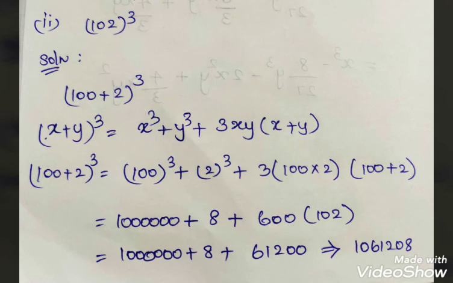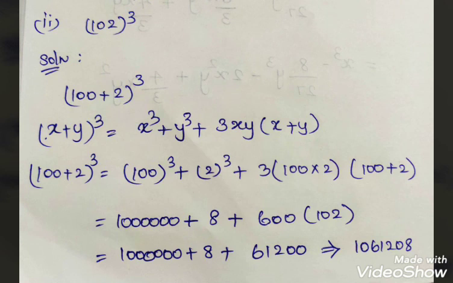See here, 102 the whole cube. How can we split? 100 plus 2 the whole cube. So this is in the form of x plus y the whole cube. What is the formula? x cube plus y cube plus 3xy into (x plus y). So 100 cube plus 2 cube plus 3 into 100 into 2 into (100 plus 2). 100 cube means 6 zeros, 2 cube means 8, plus 3 into 100 into 2, 600, into (100 plus 2), 102.